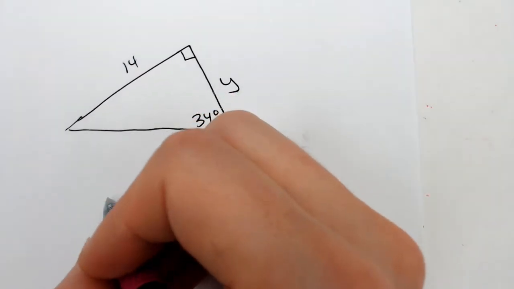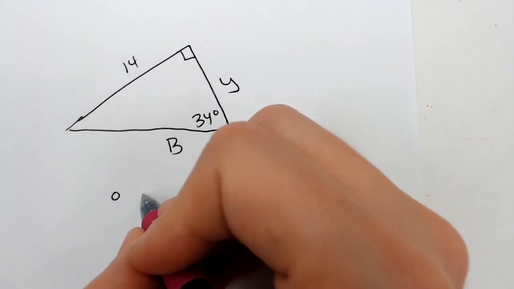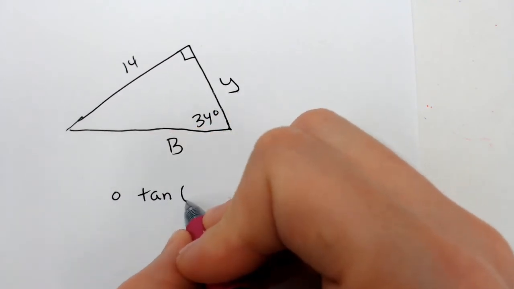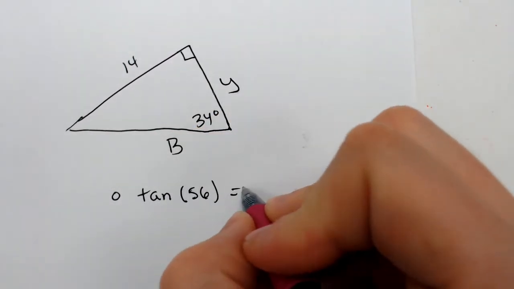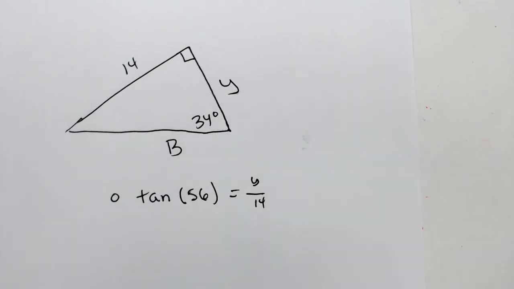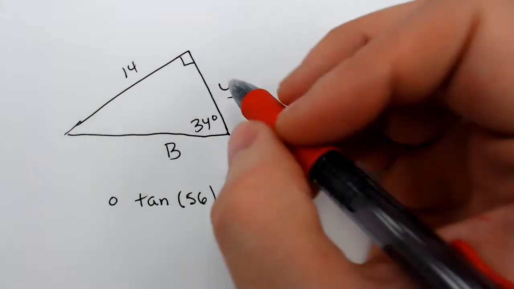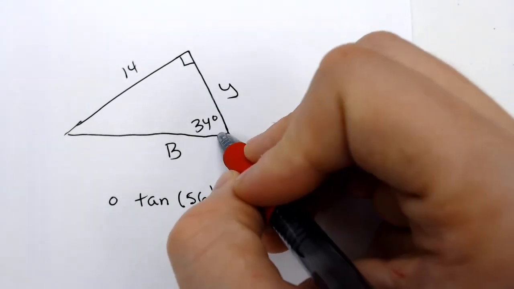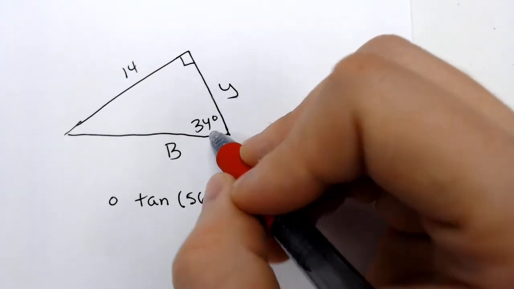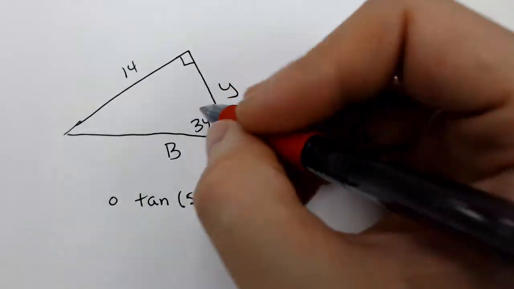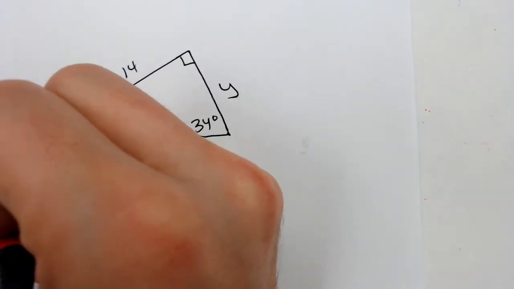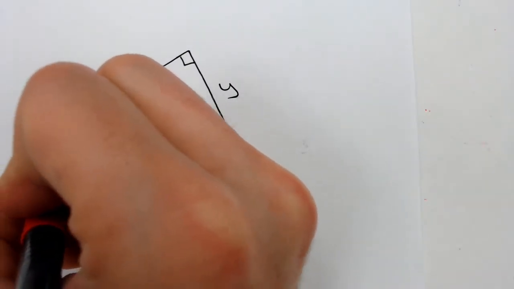All right, so is tan of 56 equal to y over 14? Well, currently, we're going to focus all on the 34, all at once. So if this is 56, if I took 90 and took away the 34, that's where the 56 is coming from.